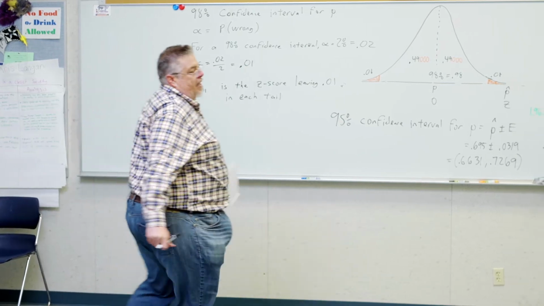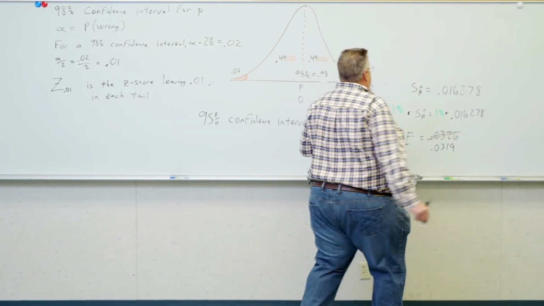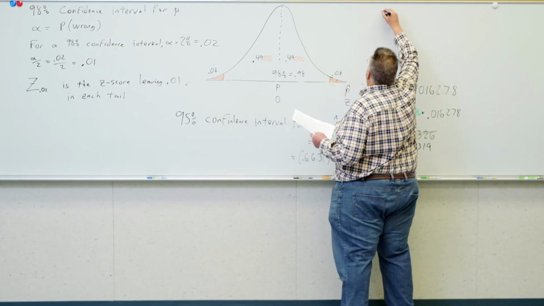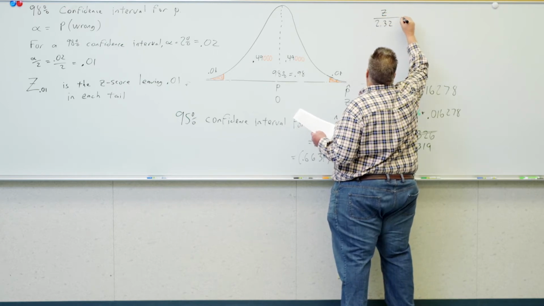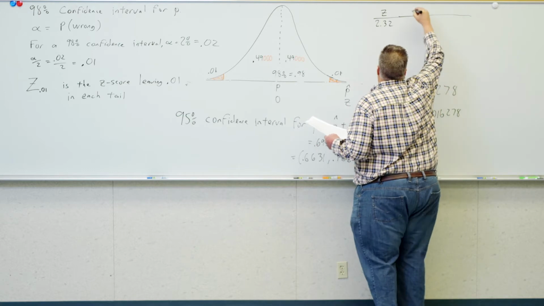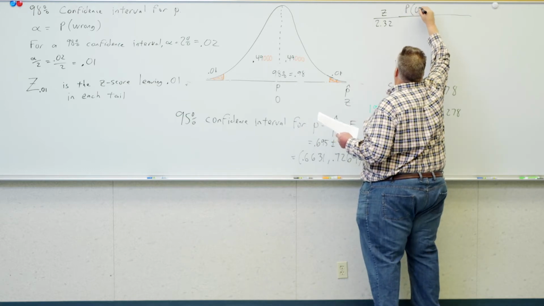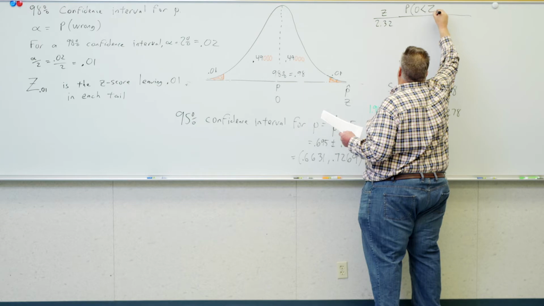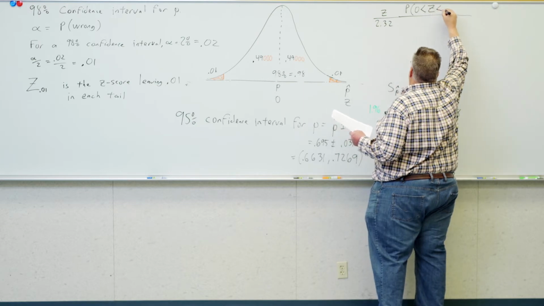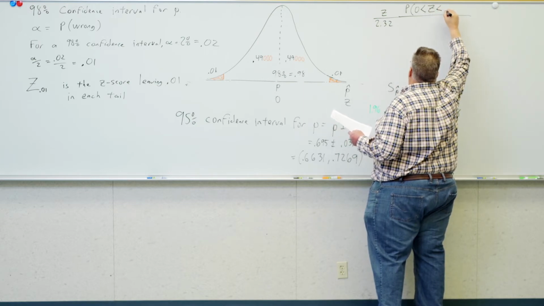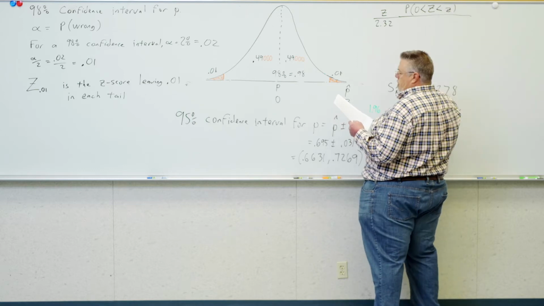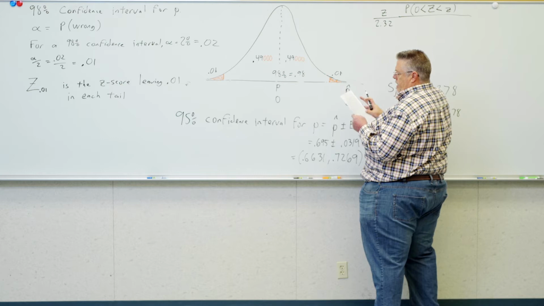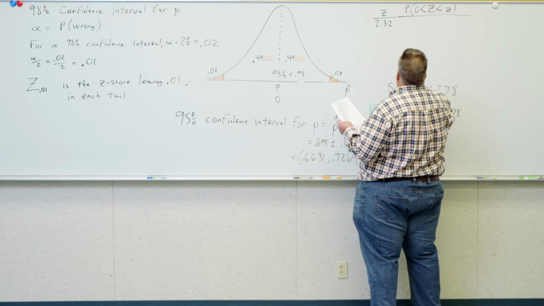So what I am seeing on my table is that if Z is 2.32, the probability of seeing a z-score between here and 2.32 is 0.4983.